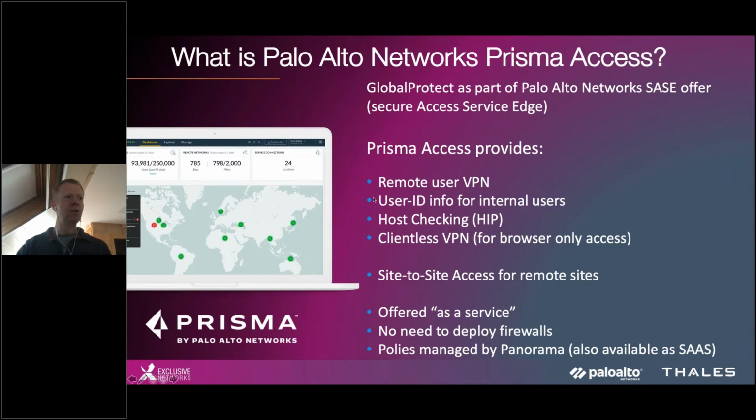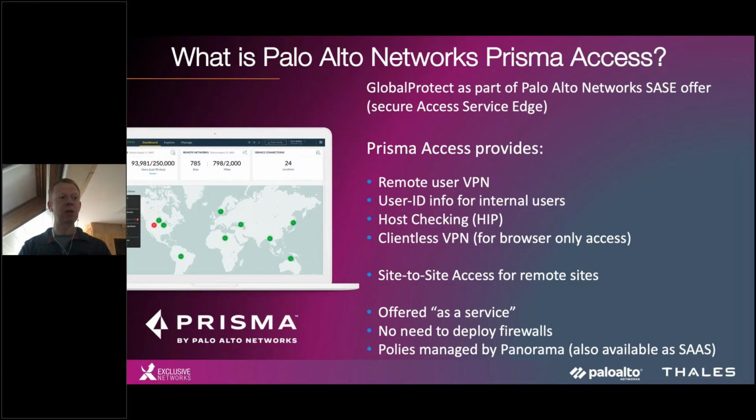So we're going to talk about the user VPN part, but you can also use Prisma Access now to connect remote accesses via a site-to-site VPN. So the only thing you would need on-premise is then a VPN device.